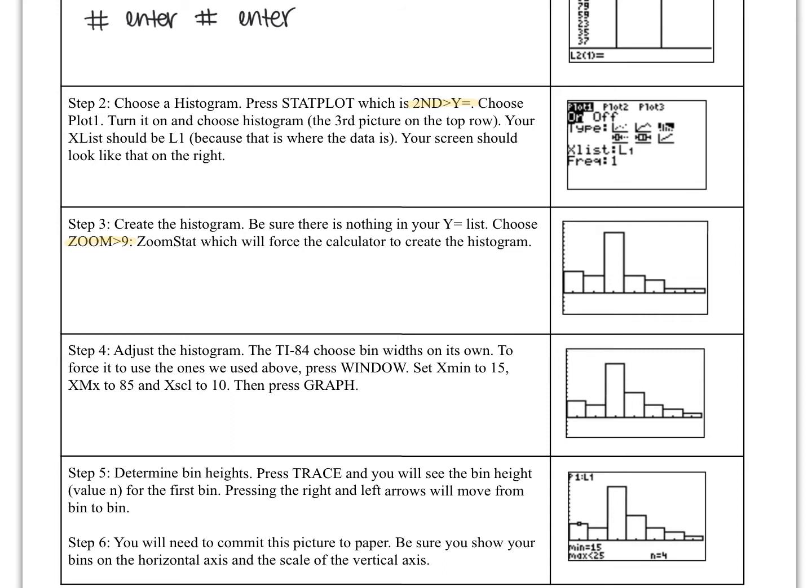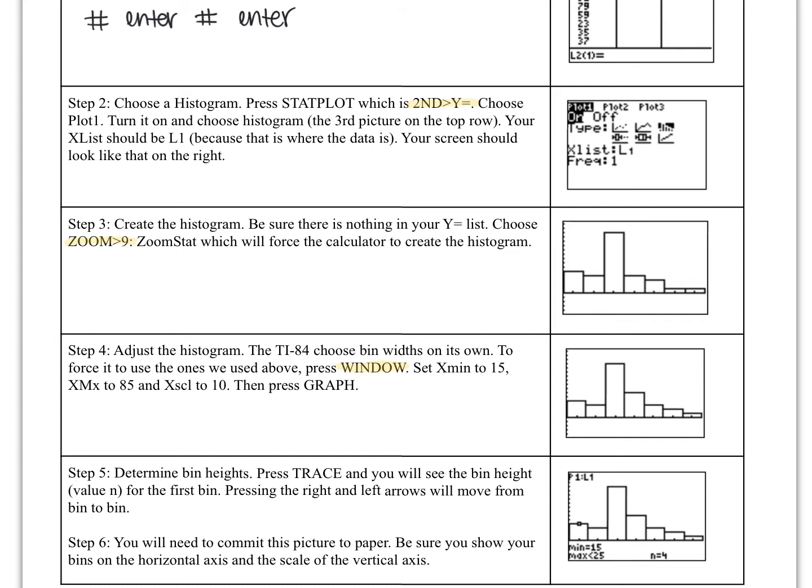Now, that histogram may not be the exact classes that we want. So we can adjust that. And we're going to go to Window. And we're going to make it use the values we did on the previous page. So we're going to set our X min to 15, our X max to 85, and our X scale to 10.